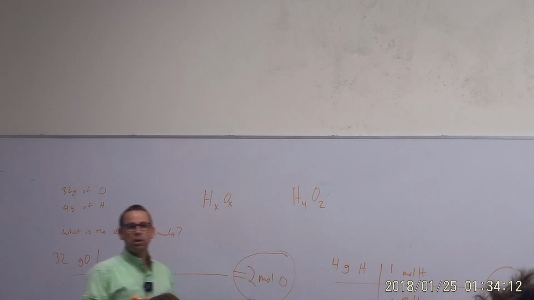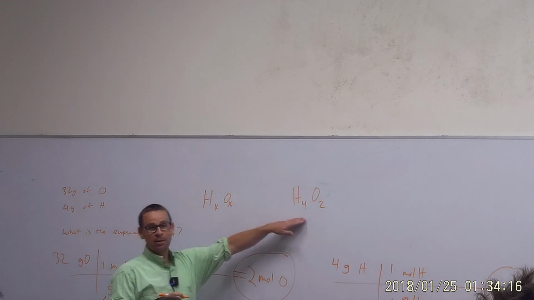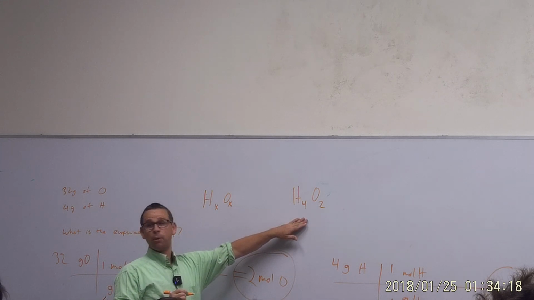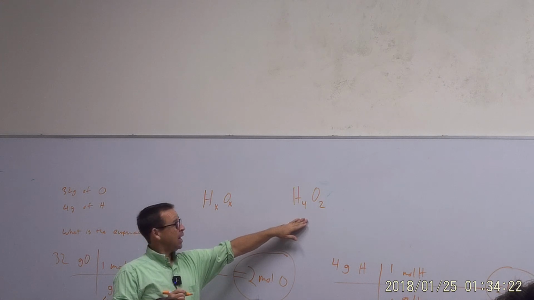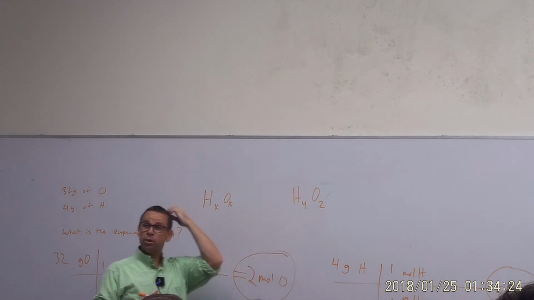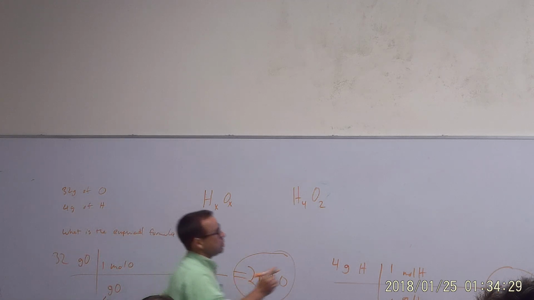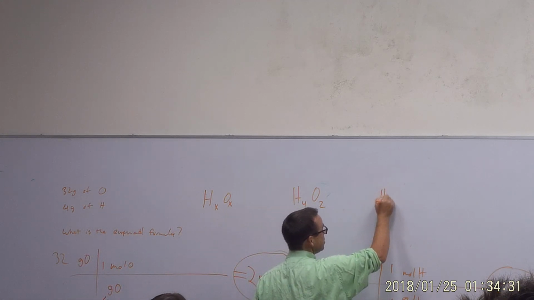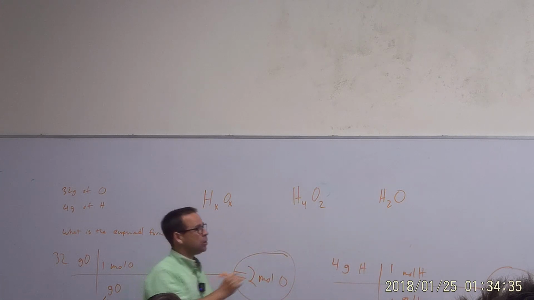H4O2, right? And then that is not quite the empirical formula. How do I know this is not the empirical formula? Yeah, you need the simplest whole number ratio to have the empirical formula, right? So that this empirical formula here is H2O, right? That's our empirical formula.